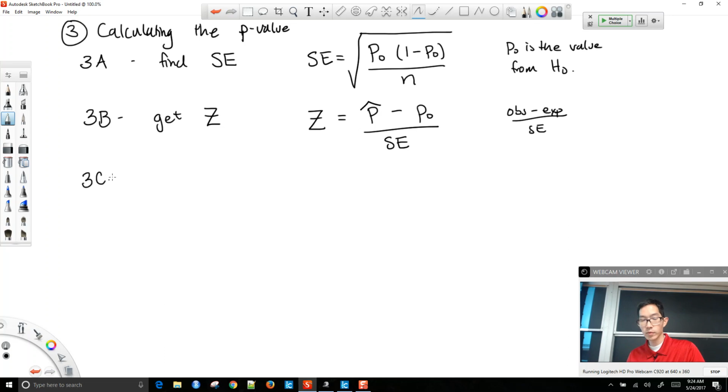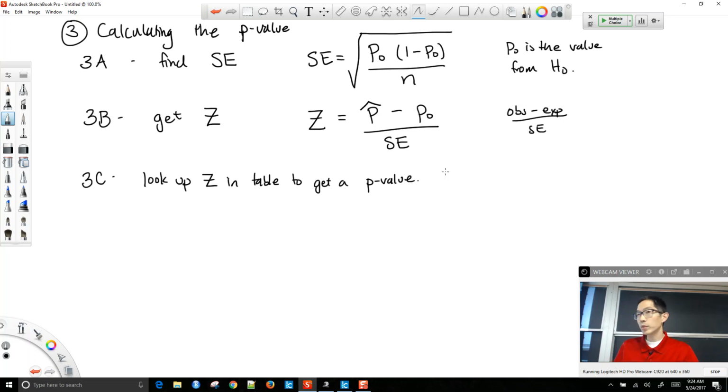So once you have your z-score, you're going to look up the z in the table to get a p-value. Get your standard error, get your z. Now you're going to look up z in the table to get a p-value.